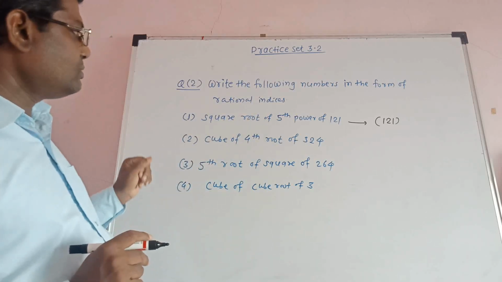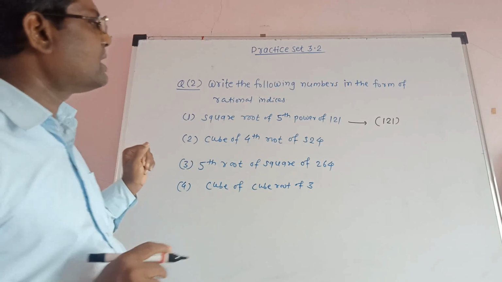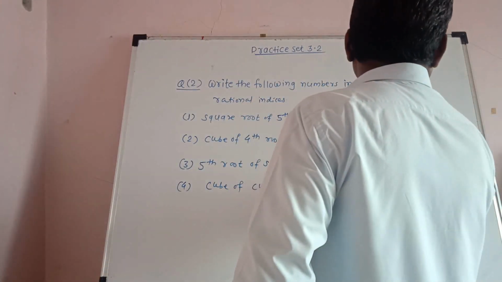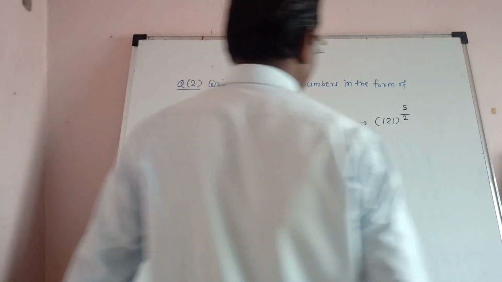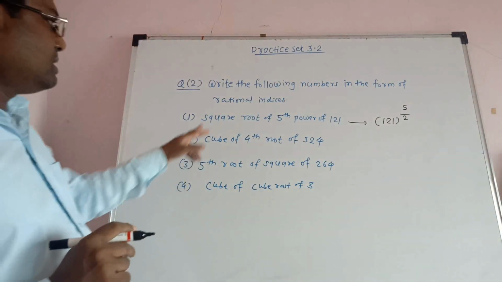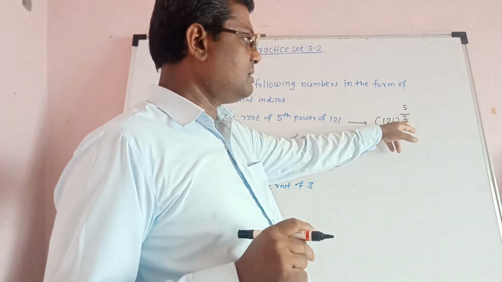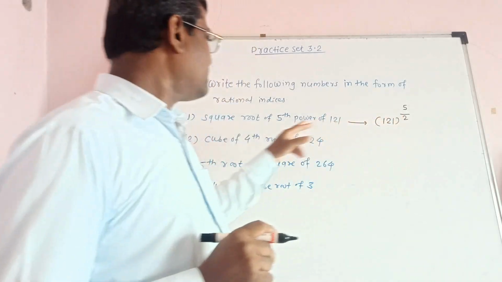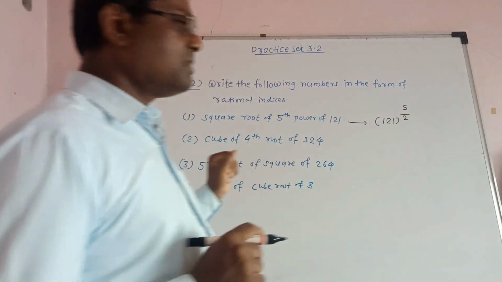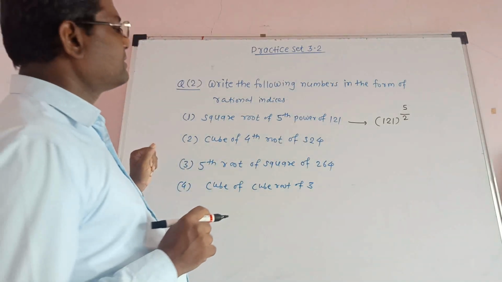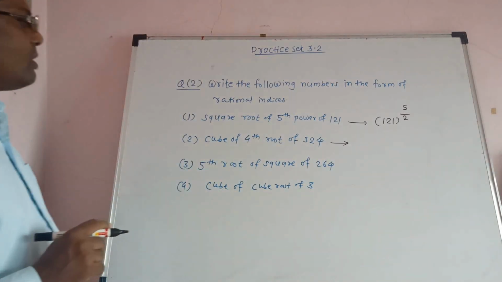So we write 2 in denominator and fifth power in numerator. So we write 5 upon 2. 121 raised to 5 upon 2. Square root means 2, root can be written in the denominator and power, fifth power, 5 is written in the numerator of that index.